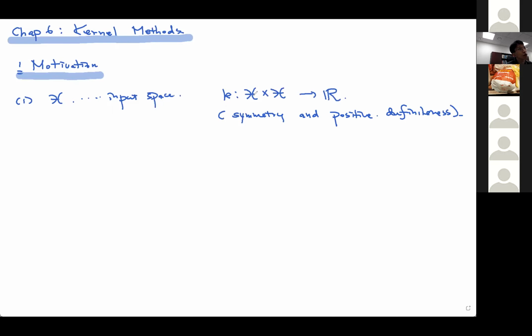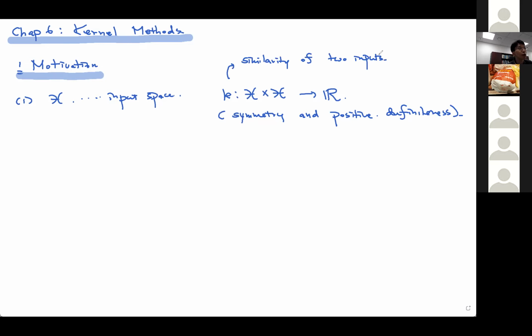Symmetry is obvious. What that means is changing the order of the 2 inputs shouldn't really matter. But what's more important at this stage is what K tries to capture: the similarity of 2 inputs. If 2 inputs are very similar, then K will return a large value.